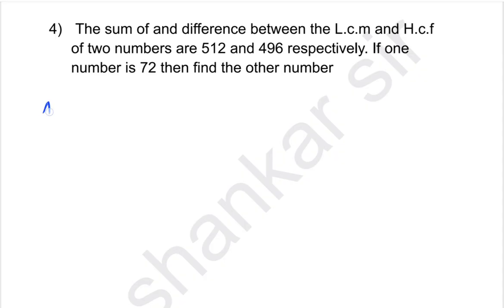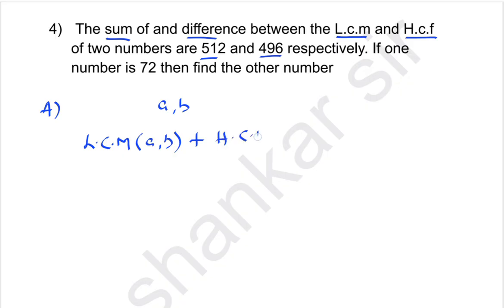In the given problem, the sum and difference of the least common multiple and highest common factor of two numbers are 512 and 496. If I take the two numbers as a, b, the sum and difference of LCM and HCF: I am writing LCM of a, b plus HCF of a, b, addition of these two is equal to 512.